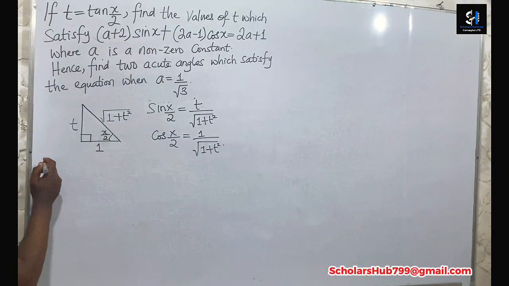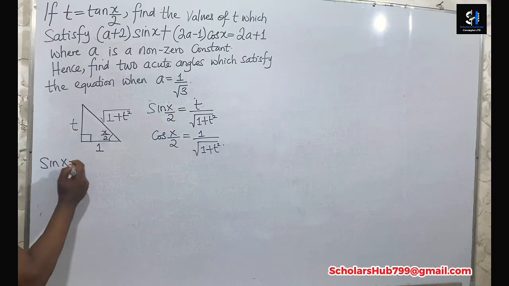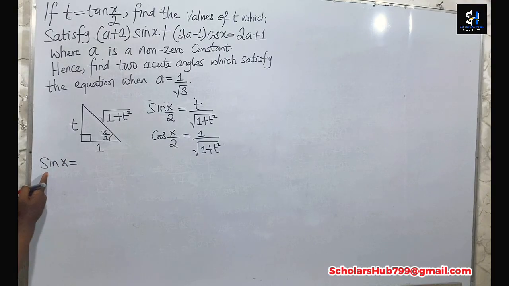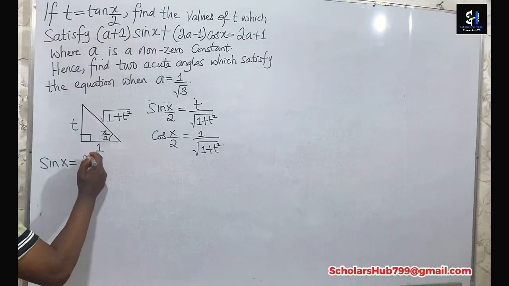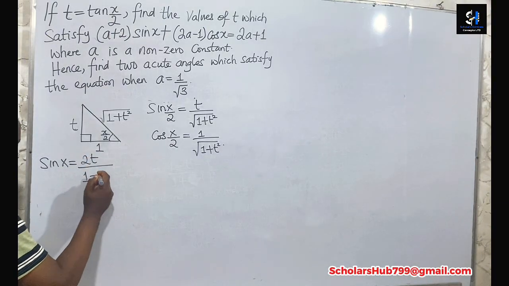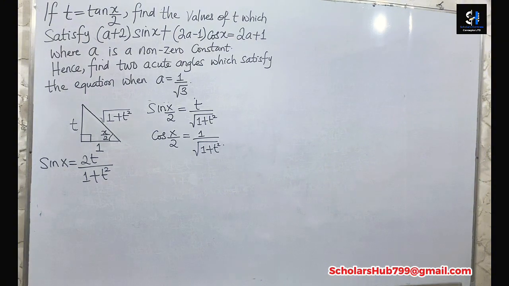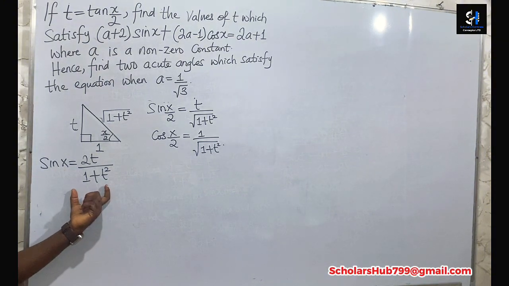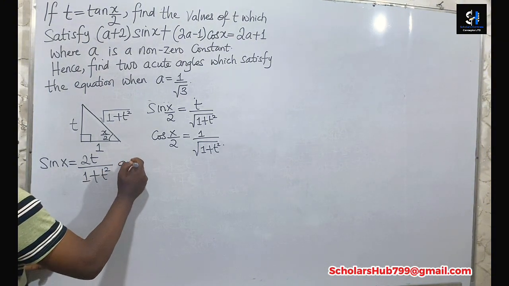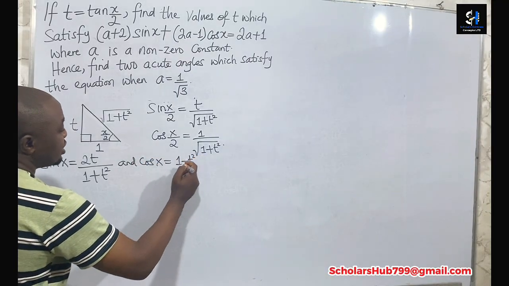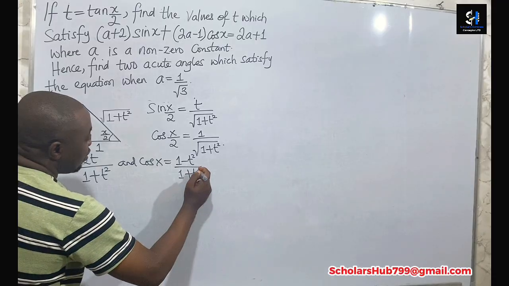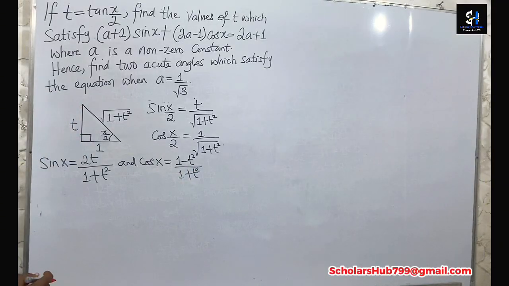For sin x, the expression in terms of t will be 2t divided by 1 plus t squared. Of course, we can derive this. Then for cos x, the expression will be 1 minus t squared divided by 1 plus t squared.